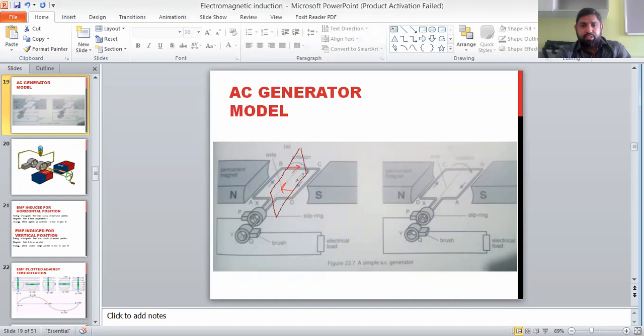So now you identify that the direction of force and direction of magnetic field are in the same direction. Both are in the same direction. So when both are in the same direction, there will be no EMF induced in the coil when the coil is vertical.